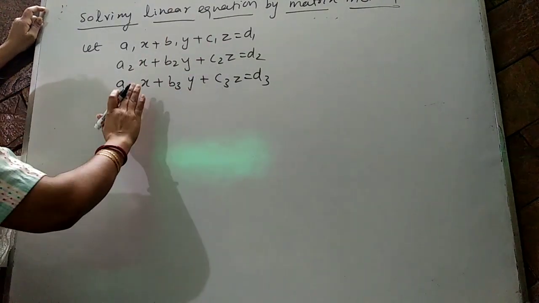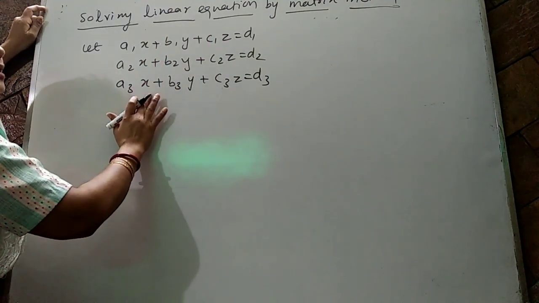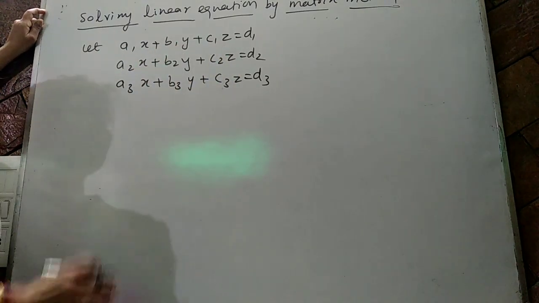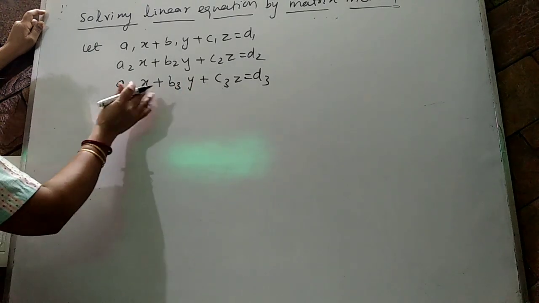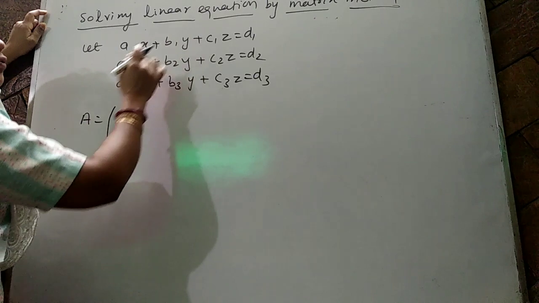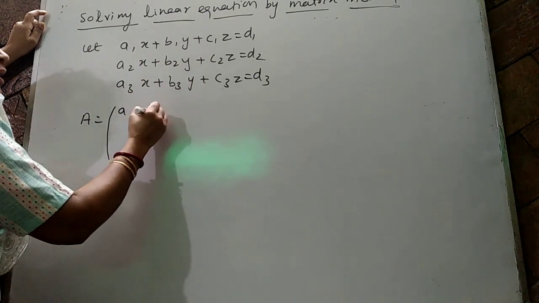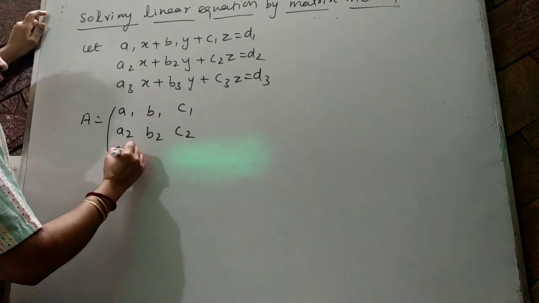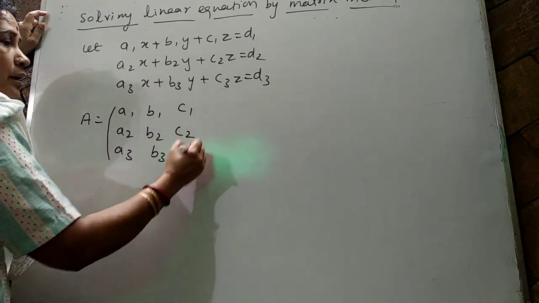Now using the matrix method, how to solve these equations? That means we have to find the value of x, y, and z. So how to solve? Now this system can be written in matrix form. A matrix equal to the collection of all coefficients of x, y, and z, that is a1, b1, c1, and then a2, b2, c2, and then a3, b3, c3.